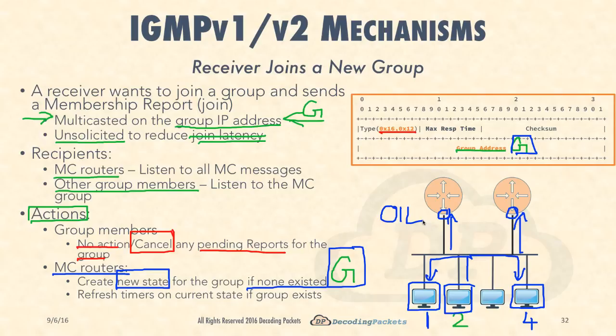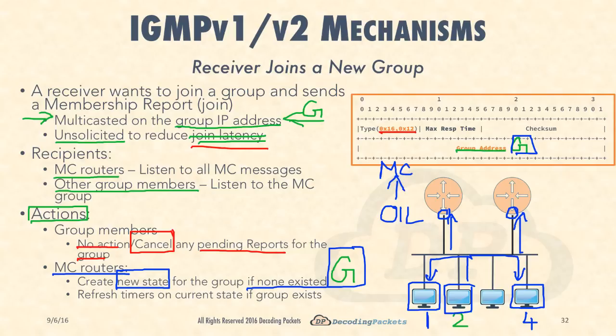But more than that, it also signals that OIL up to the multicast routing protocol. Whatever multicast routing protocol it's running, that essentially now gets kickstarted for that group. So it creates new state if none had existed, and thereby you reduce the join latency as we had talked about. Now you can start sending to that group almost immediately.